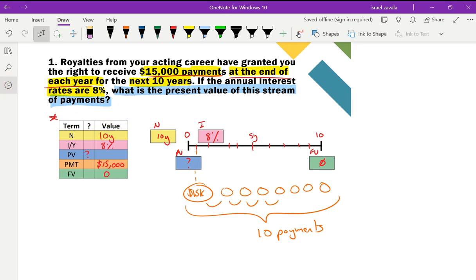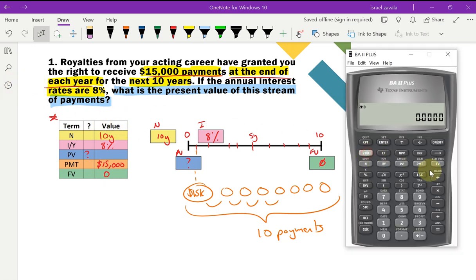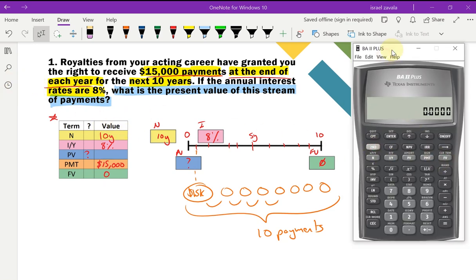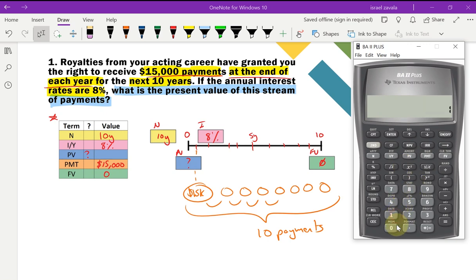Let's grab our financial calculator and second clear our time value of money. We're going to enter 10 years and 8%. The present value is what we're looking for. What are our payments? We have $15,000 in payments, 0 future value, and we're going to compute our present value here.